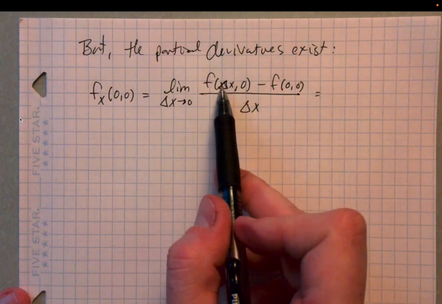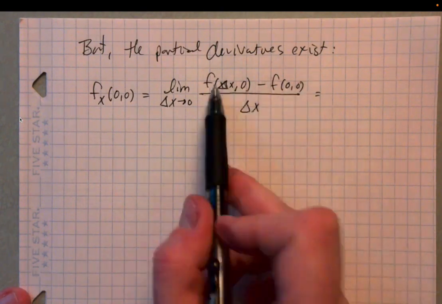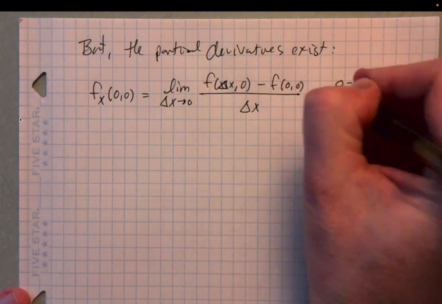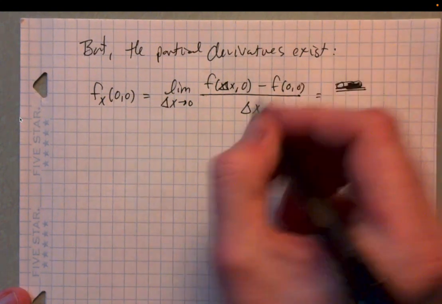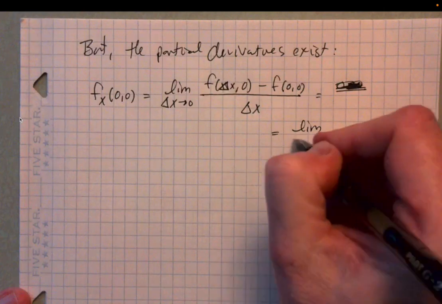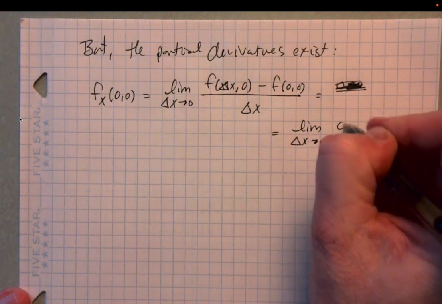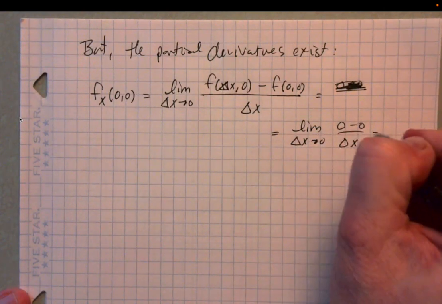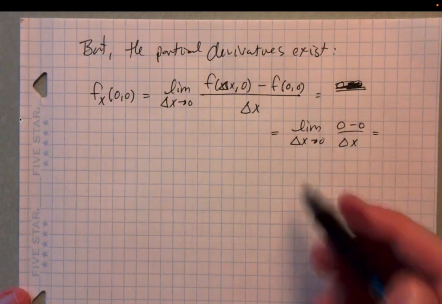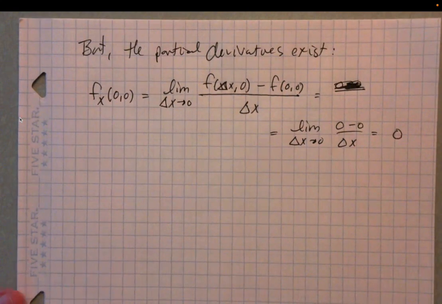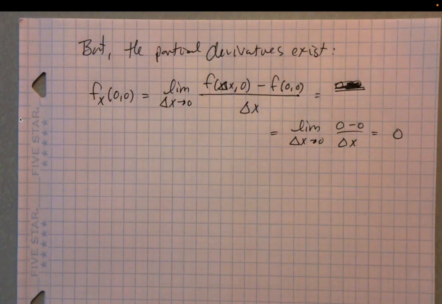Well, this is going to be 0 minus 0 on top, right? We know that. Well, shoot, I need to write the other part. So limit as delta x goes to 0 of 0 minus 0 over delta x. And so this will just be the limit as delta x goes to 0 of 0, which is just 0, right? So the partial derivative with respect to x exists at the point 0, 0, right? It has a value of 0.